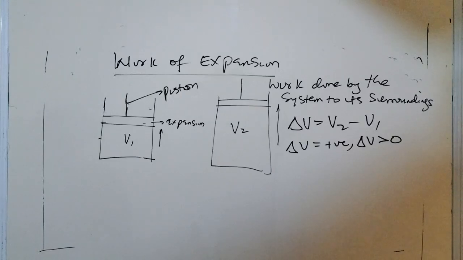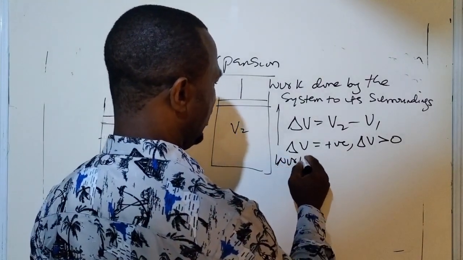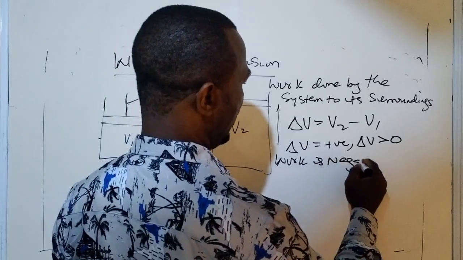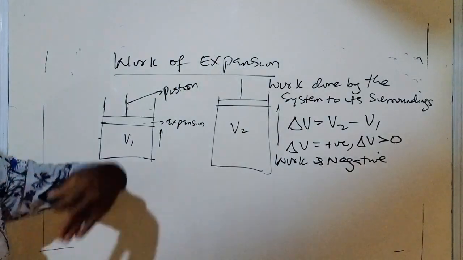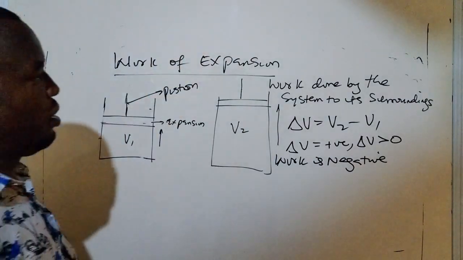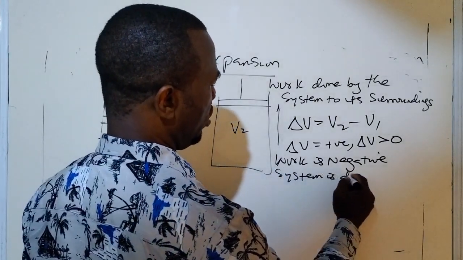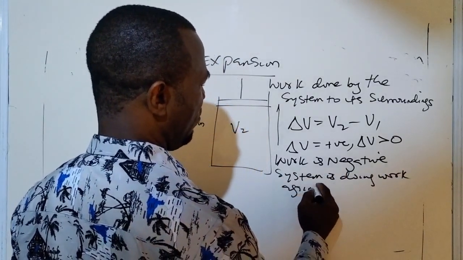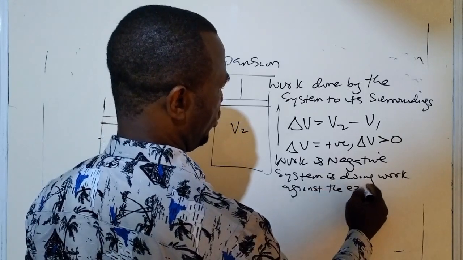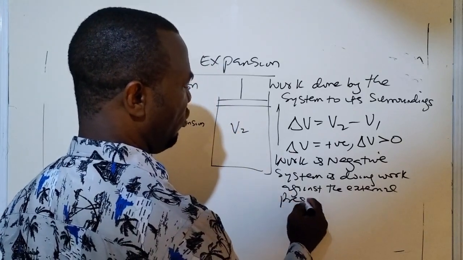Now, when work is done by the system to its surroundings, we say that work is negative. Why do we say that work is negative? Because the system is doing work against the external pressure. That's why work done is said to be negative.